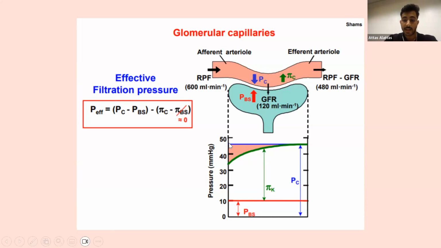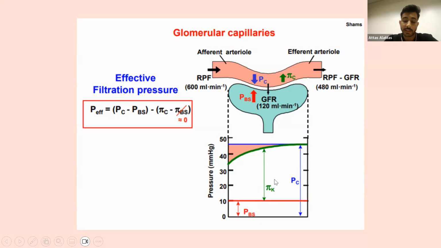So the hydrostatic pressure will not change throughout the capillary, unlike the systemic capillaries, which have a reduced radius. So the hydrostatic pressure in the capillary will reduce along the capillary. So this is one thing to note, that the hydrostatic pressure in the glomerular capillaries is constant, and the Bowman space hydrostatic pressure is also constant.